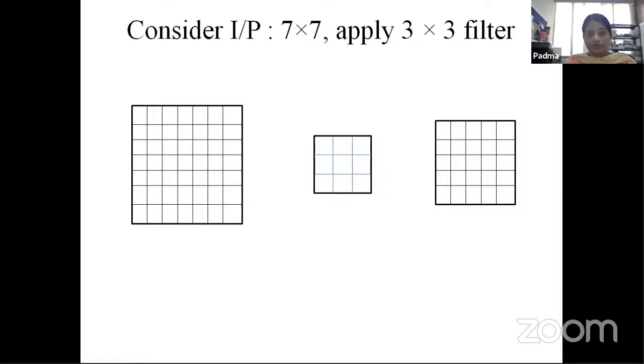Now, whenever we are convolving, the size of the input image was 7 cross 7, and the size of the filter was 3 cross 3.